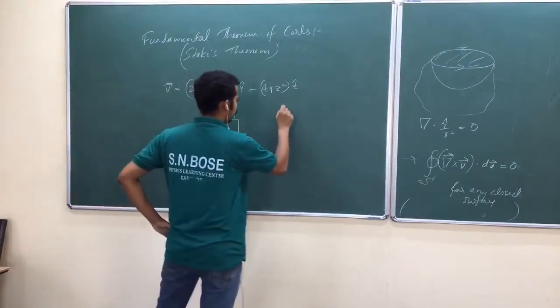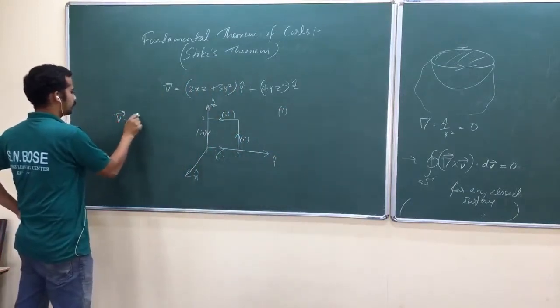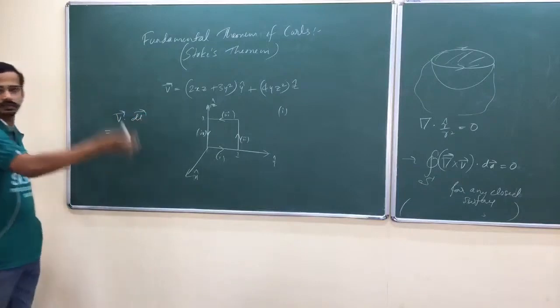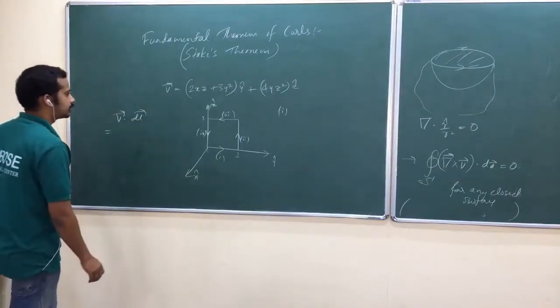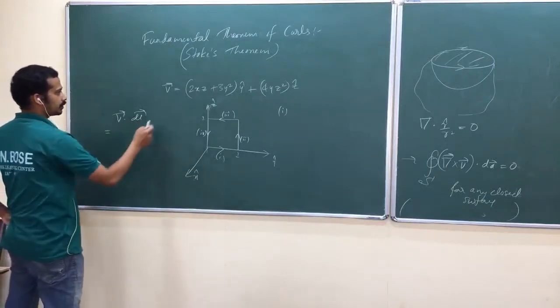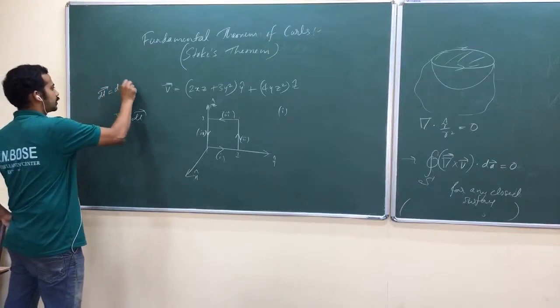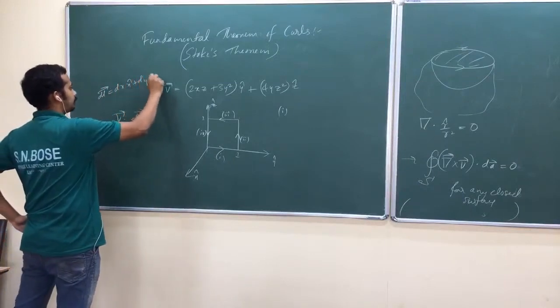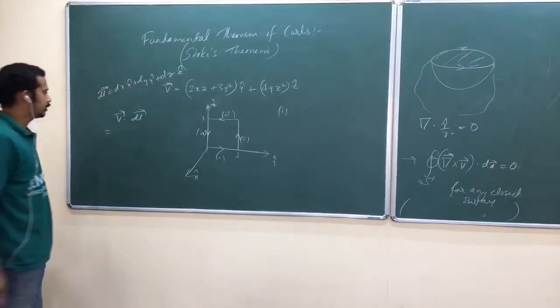First, anyway, I have to write v dot dl. You better write that down because it is needed throughout. What is dl vector? dx x cap plus dy y cap plus dz z cap. I hope you remember only two dimensions.